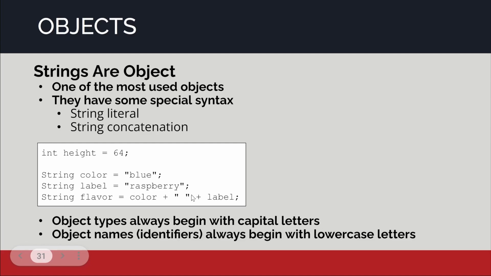This is combining those three strings. It takes all three of them and concatenates them end to end into one new long string that it then stores in the variable flavor. Although it's not quite storing it there, but we'll get to that.